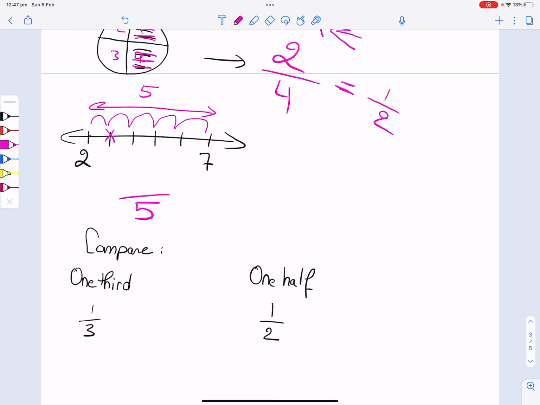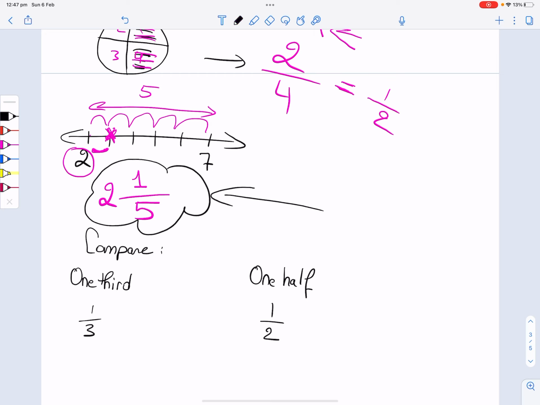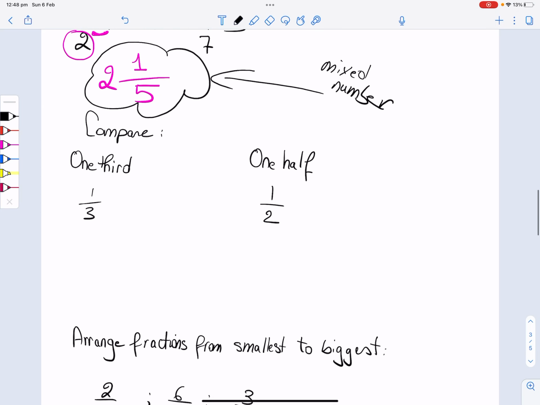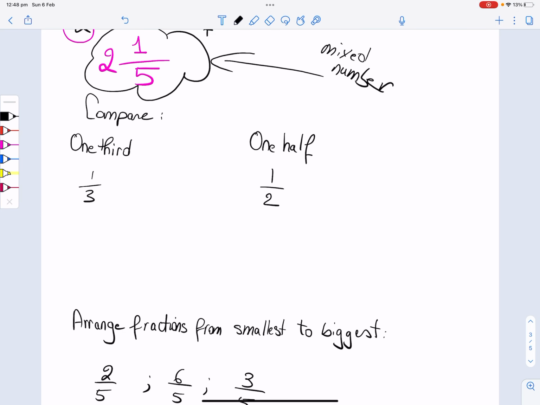And then this is the number here, we put the same here, 2. And then we see the distance between 2 and that dot here. The distance is 1. It's very easy. So this is called a mixed number.